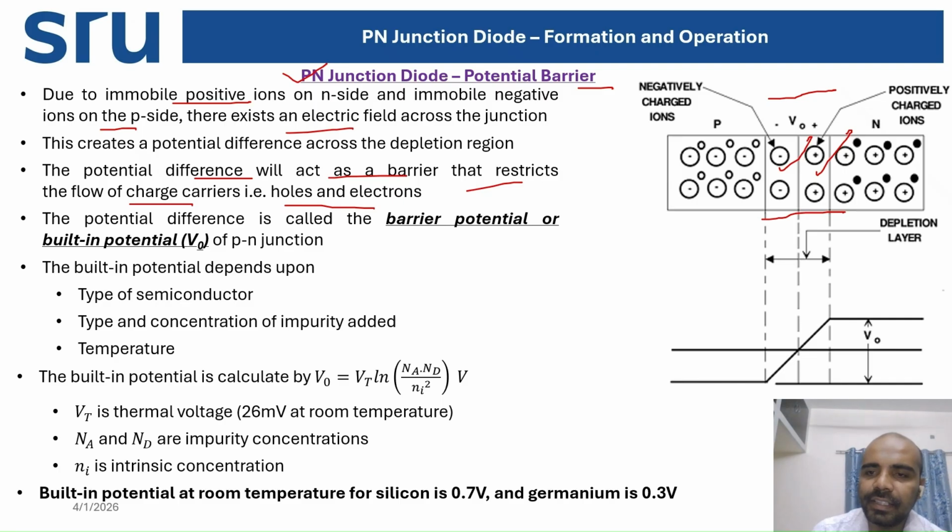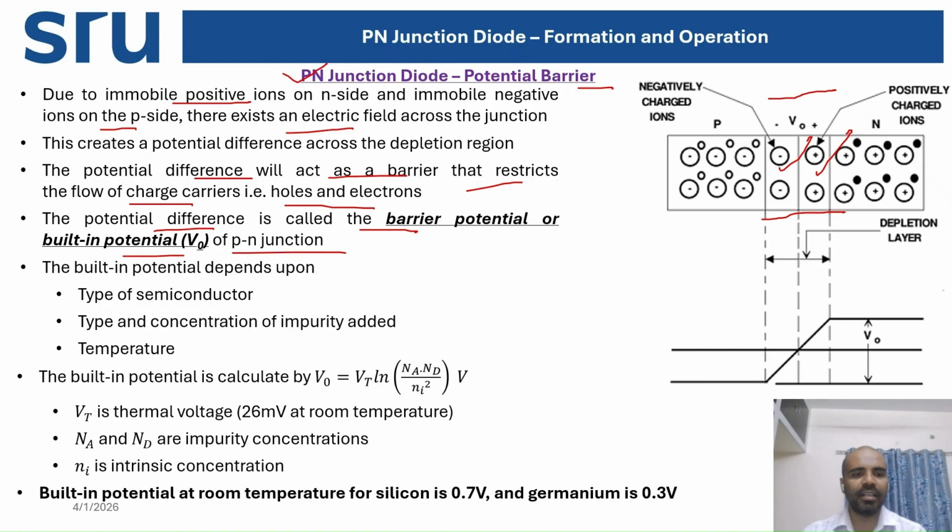So this electric field developed at the junction will prevent the further movement of electrons and holes, right? So this is known as a depletion region, and the potential difference between the immobile donor ions and immobile acceptor ions at the n side and p side is called the barrier potential or built-in potential for a p-n junction diode.